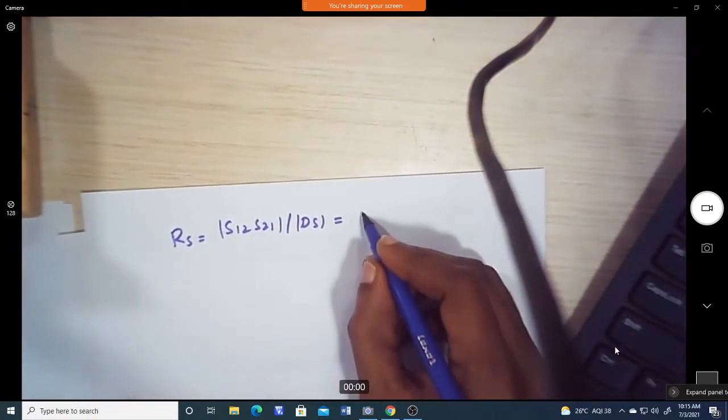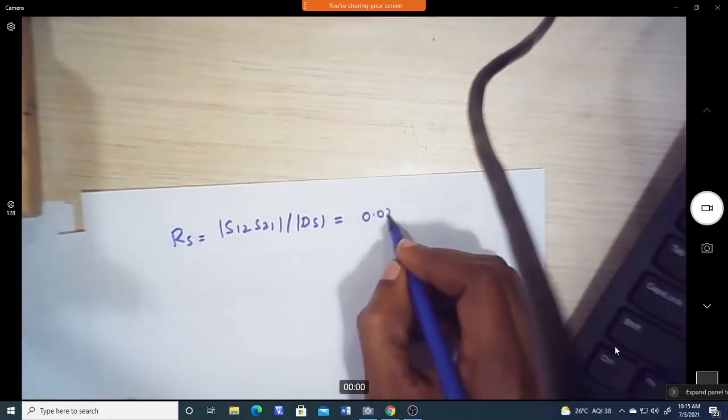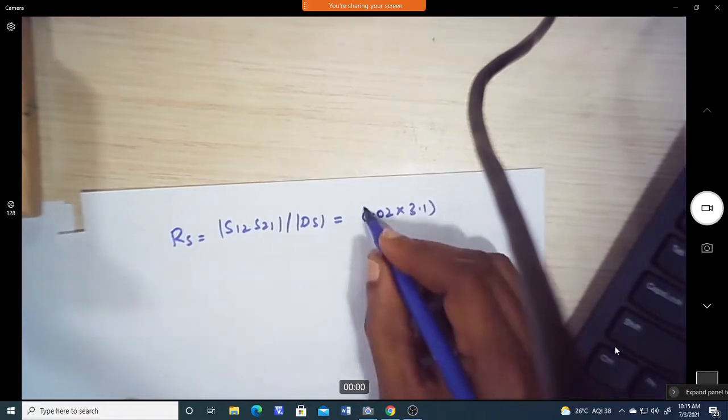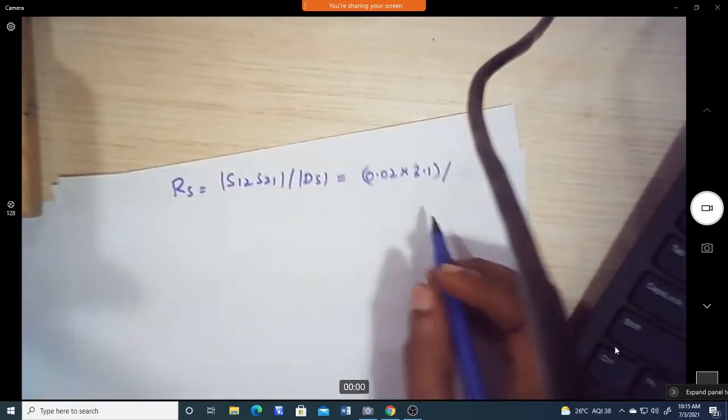S12 is 0.02 into 3.1. This is divided by DS, which we got as 0.316.